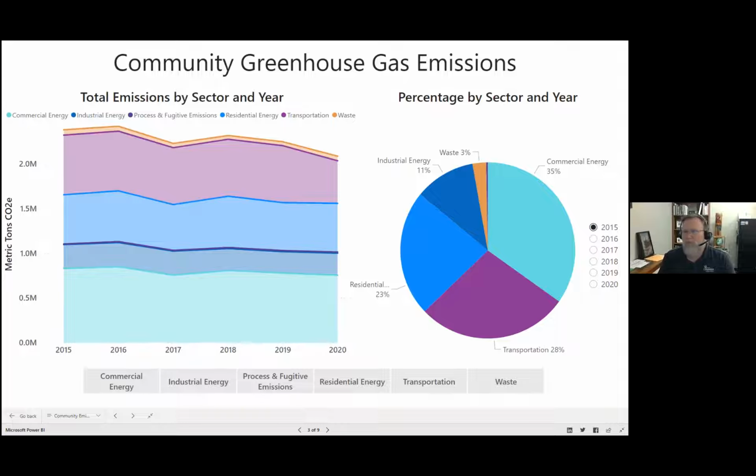So those are the ones that we understand now. Severe weather, so an increase in heavy precipitation events, which can have an impact on stormwater and stormwater infrastructure.